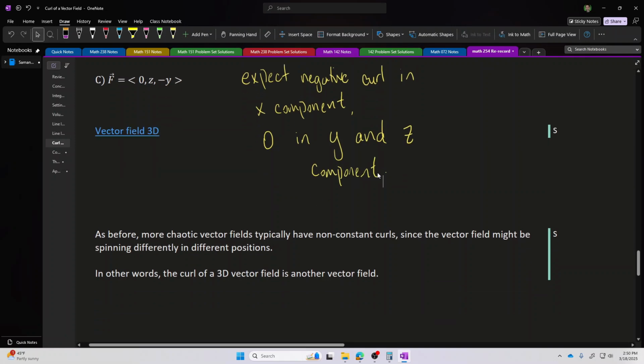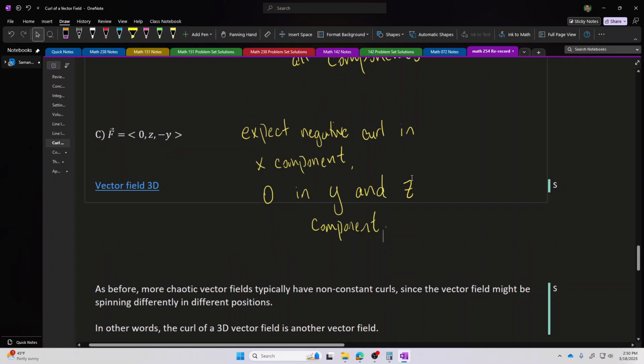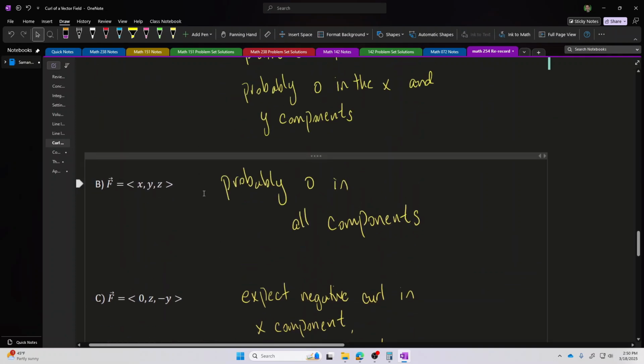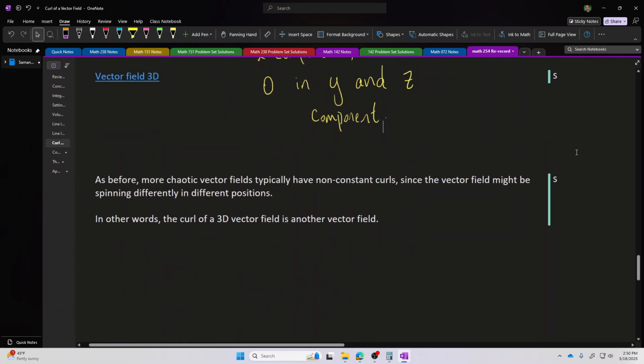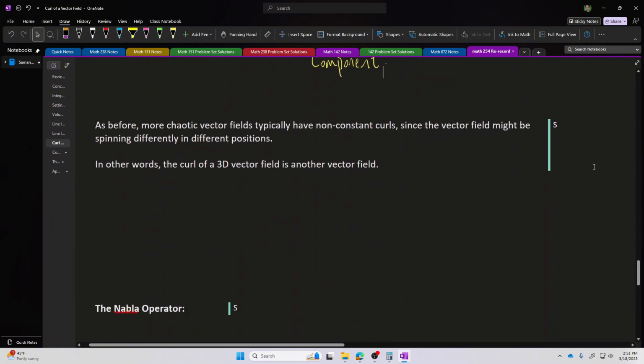Now, of course, we have dealt with some very, very simple and straightforward vector fields here, but it's also very possible to have chaotic vector fields that have different curling and swirling behaviors depending on position. So it can happen that your curl is a non-constant vector.